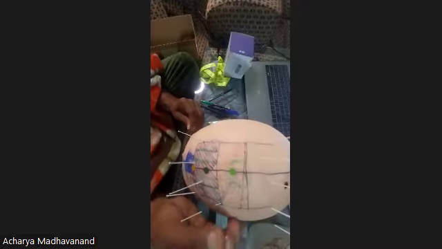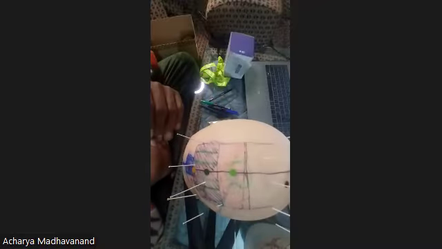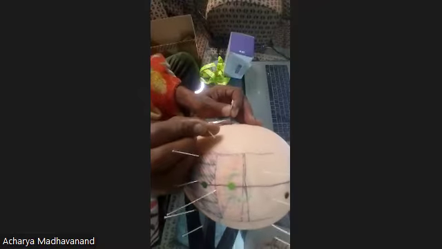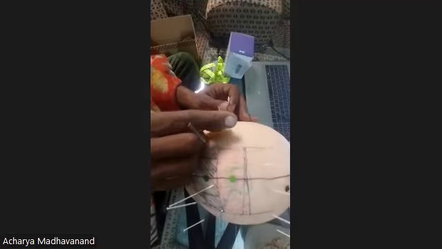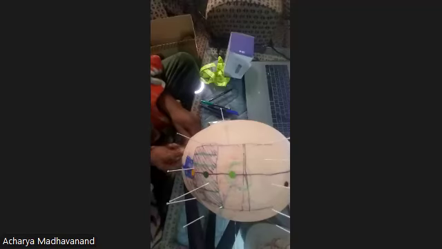If you want more needles, then put needles posteriorly, from lateral to medial side. And when you go for the area, it covers all the cranial nerves. Okay.